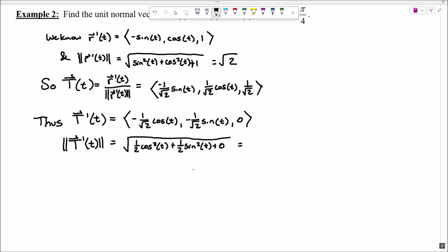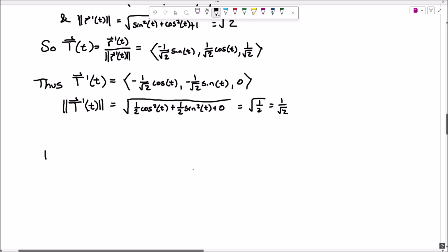If I fully compute this out, cosine squared plus sine squared is equal to 1. I only have a half of that though, so this is really just the square root of a half. Or if I rewrite that, square rooting the top and the bottom separately, that's 1 over square root 2.